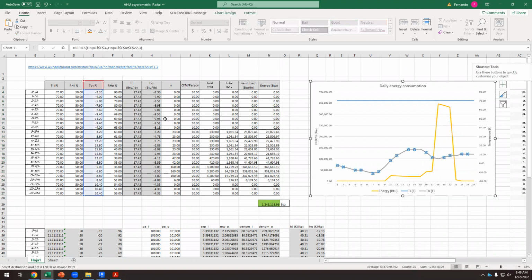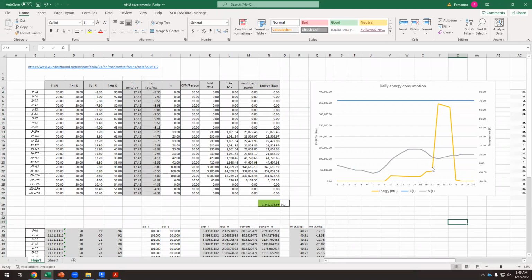So this gray line is the outdoor temperature. It is between 20 Fahrenheit and negative 11 Fahrenheit. So it's quite cold. And then this is my schedule. So I don't request a heating system here, or request less heat here in the morning and more heat here in the afternoon.